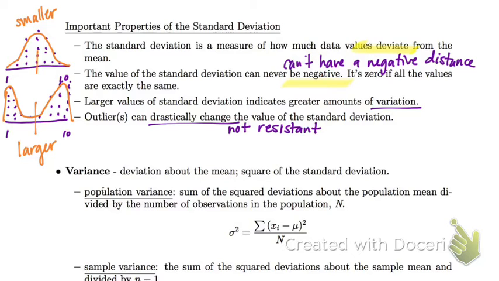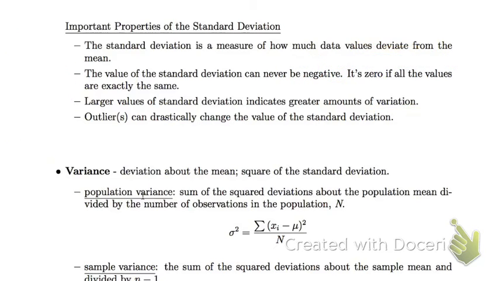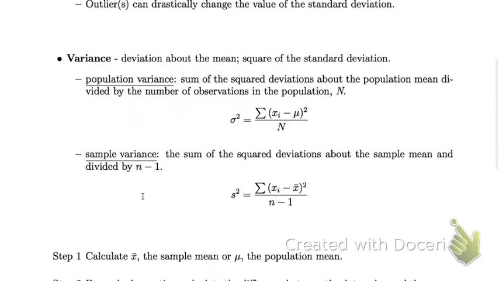The next symbols, or the next notation, is called variance. The only thing you need to know about variance is that it is the standard deviation squared. So it's sigma squared and s squared.